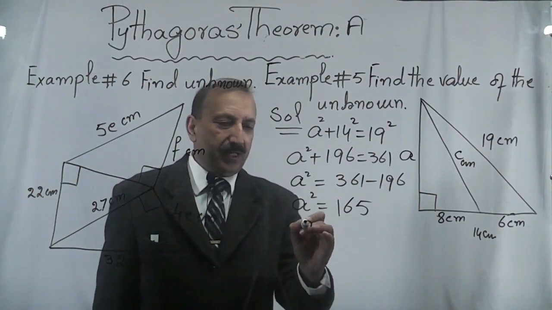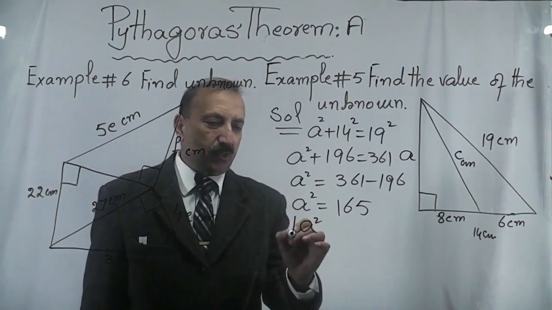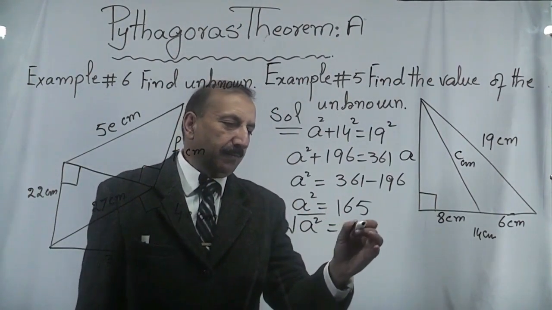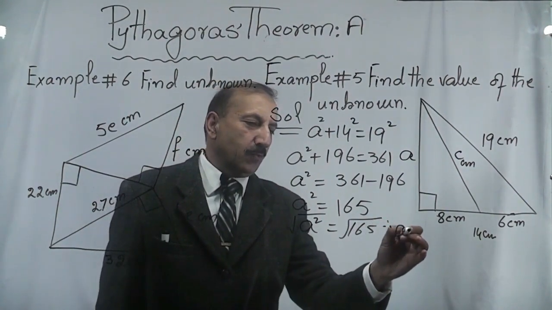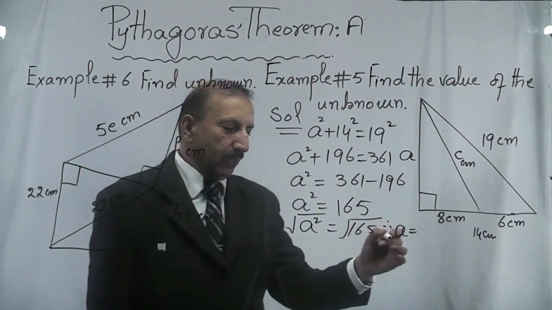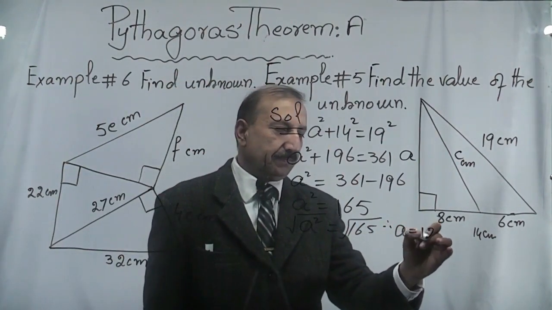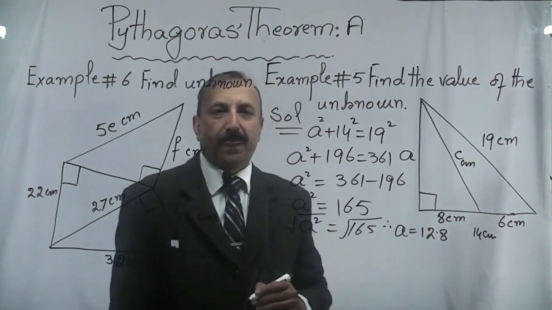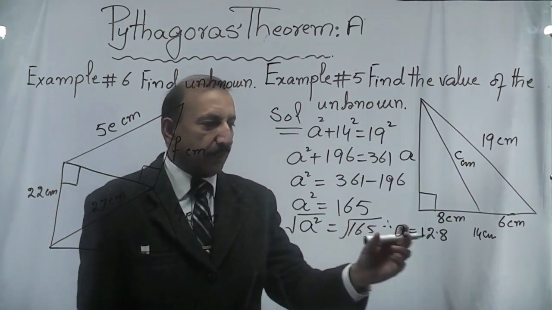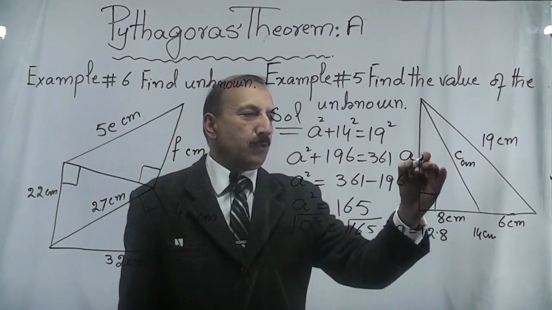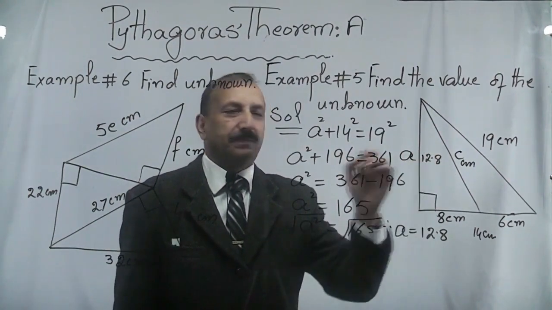We want to find A from here by taking the square root of 165. Therefore, the value of A is 12.8. With the help of a calculator, you will get the value of this, and A is equal to 12.8.